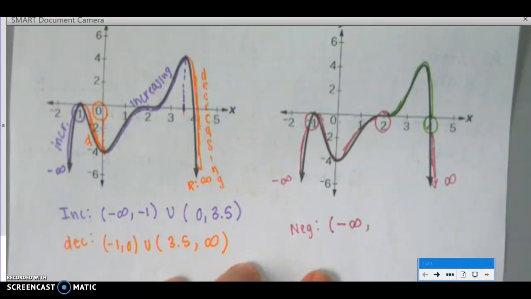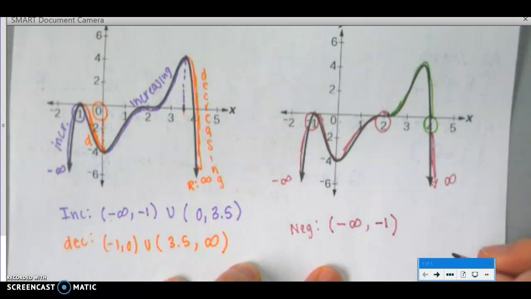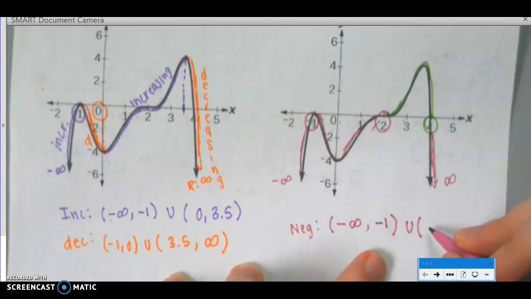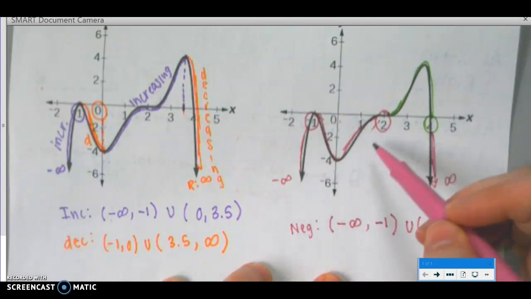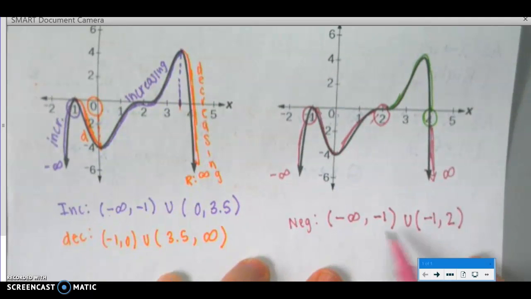So if you wanted to be super nitpicky about it, you would break that up where it hits the x-axis and then do from -1 to 2 as a separate interval. That's not something that I'm going to take off points for. If you went from -infinity to 2, I would mark that as correct. But this is technically the correct way to do it. It's a little nitpicky, but that's okay.